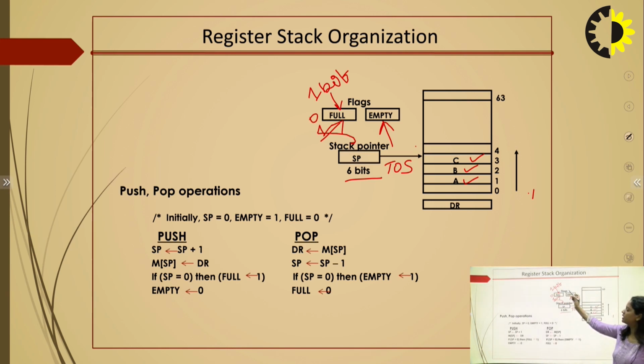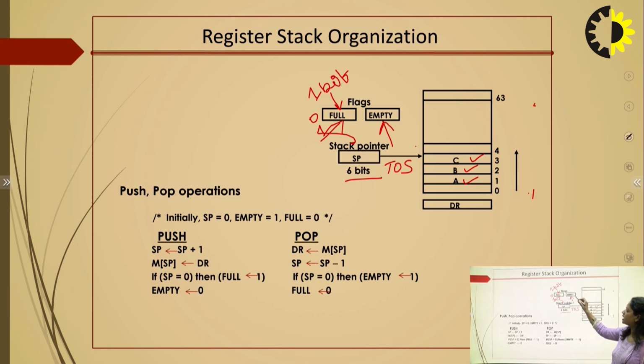So 0 will indicate that full is not activated, meaning your stack is not full if it is 0. And if full is equal to 1, it means that your stack is completely filled, meaning the 64 locations of the stack are completely filled.